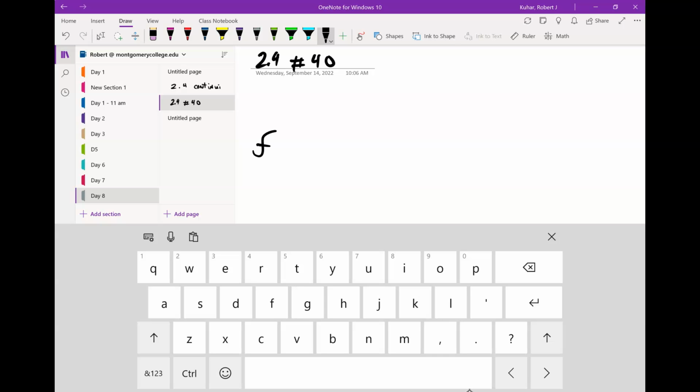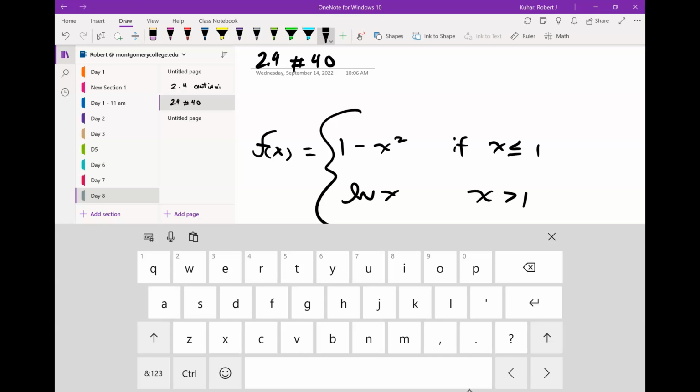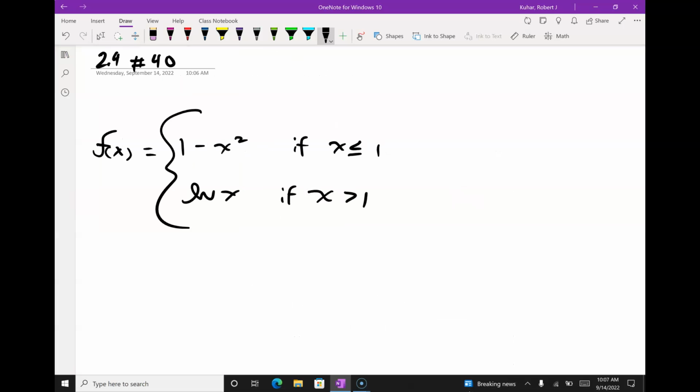I've got a piecewise function, f of x equals 1 minus x squared if x is less than or equal to 1, and I'm going to use ln of x if x is greater than 1. So it's a two-piece function. It's two different machines. One of them works left of 1. One of them is going to be in charge right of 1. Does that make sense? Let's look at how to graph this on Desmos.